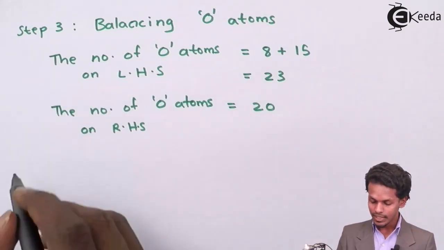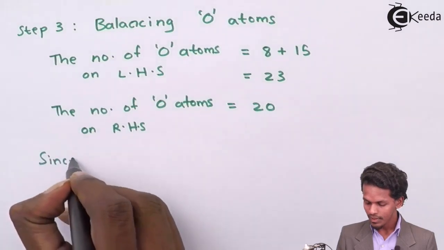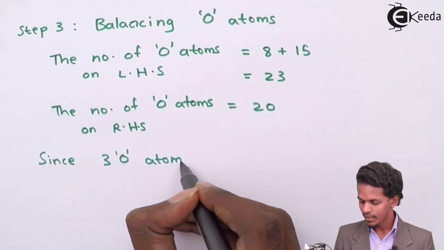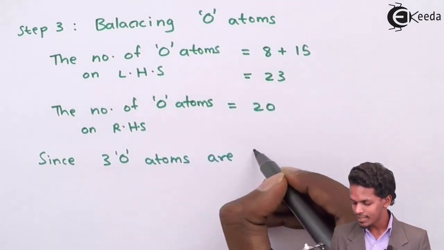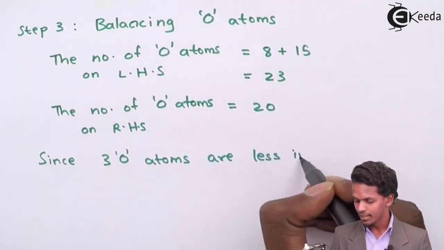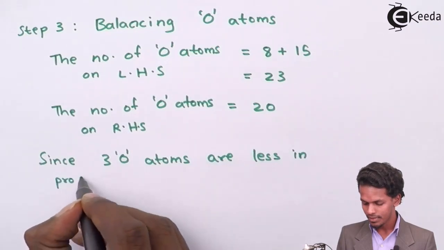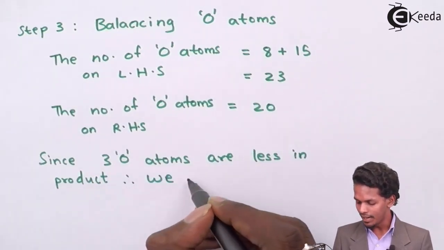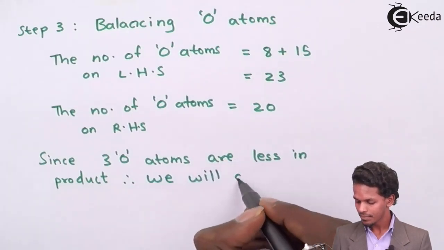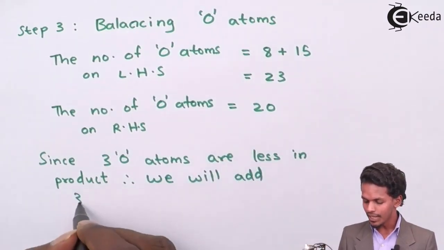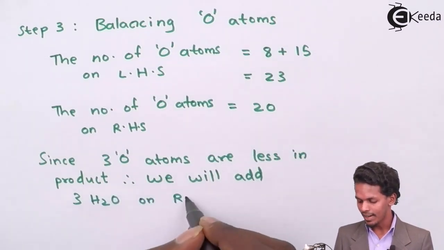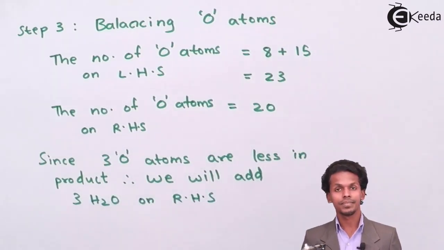Therefore, since 3 oxygen atoms are less in the products, we will add 3 times H2O on the right hand side of the reaction.